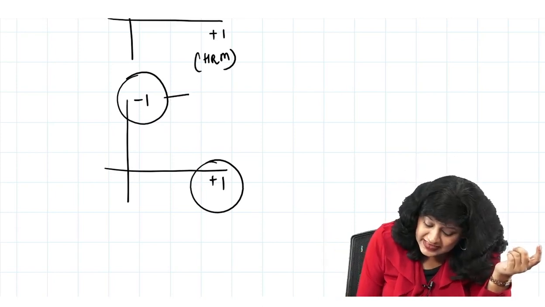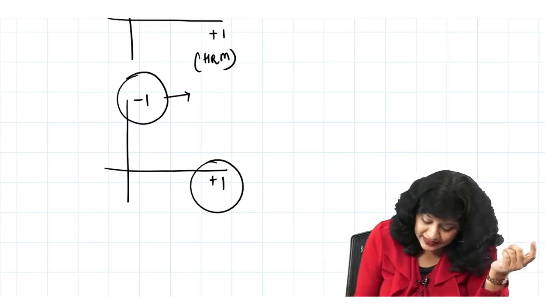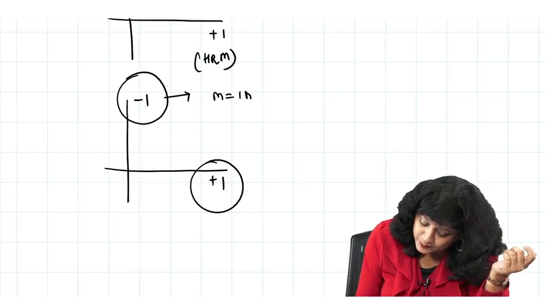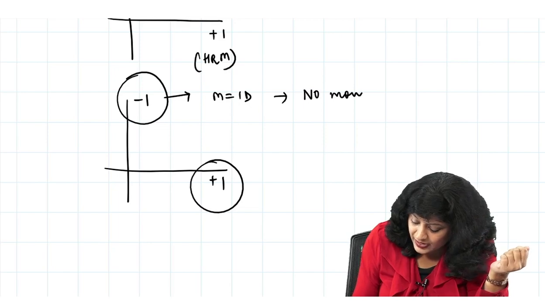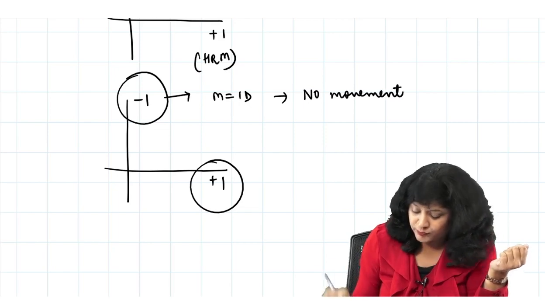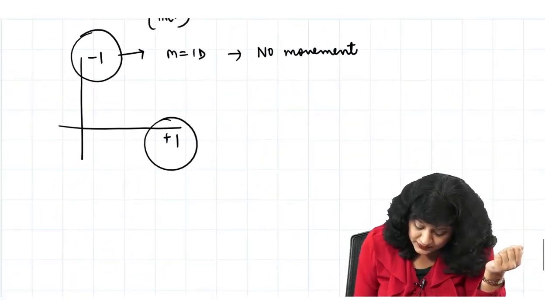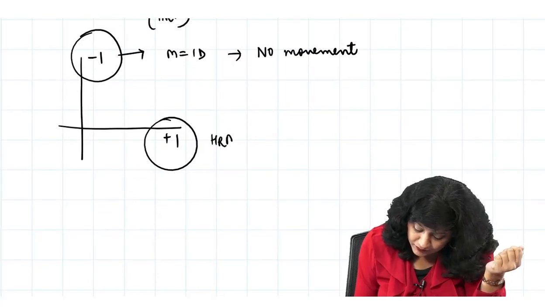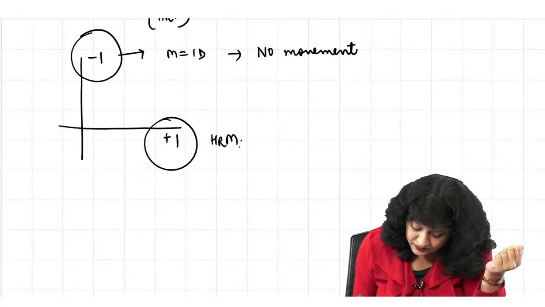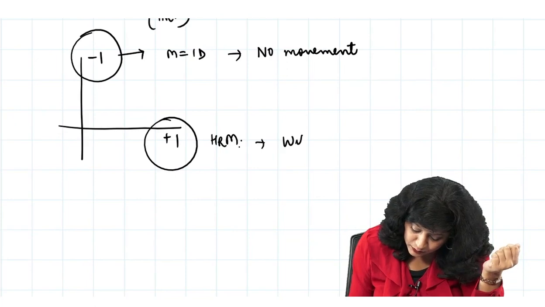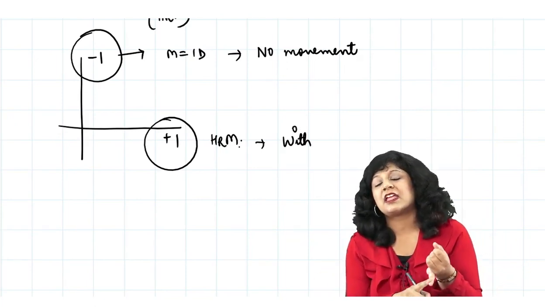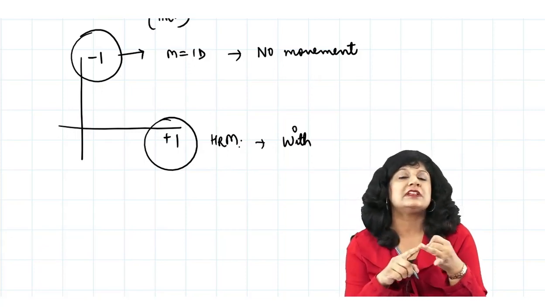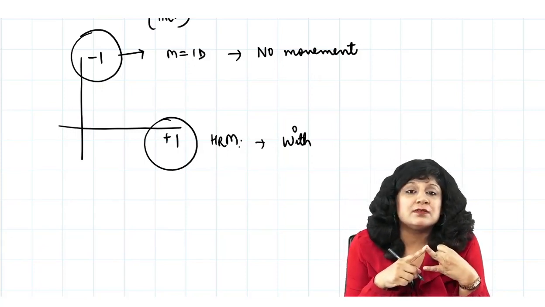Now when this is exactly equal to -1, that means myopia equal to 1 diopter, so this will give me no movement. So I am going to get no movement here. While this is +1, so this is hypermetropia. When this is hypermetropia, this will give me the with movement. So I can say that in the vertical axis, there will be no movement. In the horizontal axis, there will be with movement.